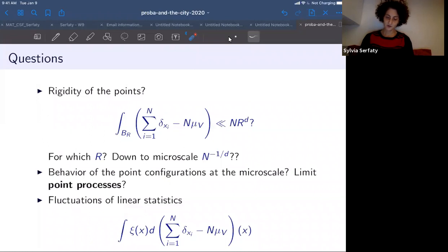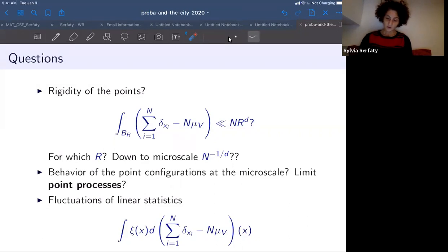You know that the empirical measure looks very much like mu V. So when you multiply by n, you're counting the number of points. You're counting n times the integral of mu V in the same ball. And you're expecting that this discrepancy is small compared to the size of the ball. So it should be much smaller than n times R^d, which is how many points should be in that ball typically.